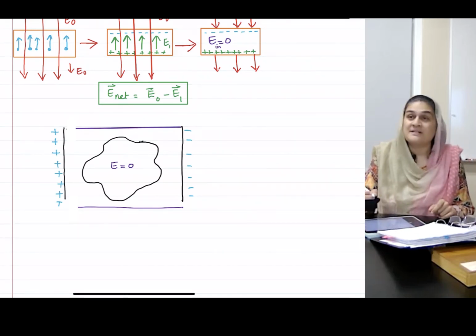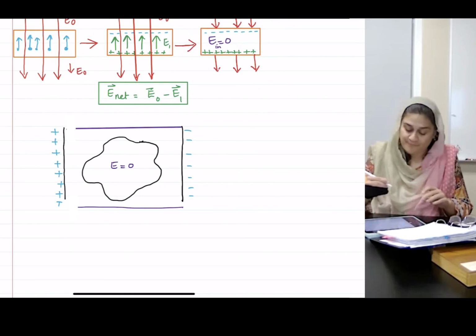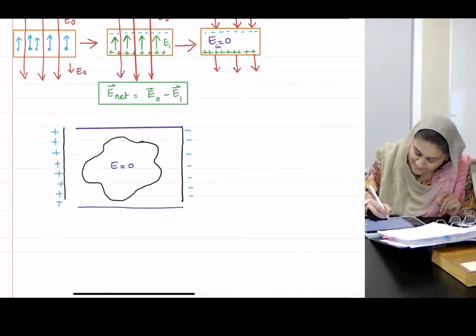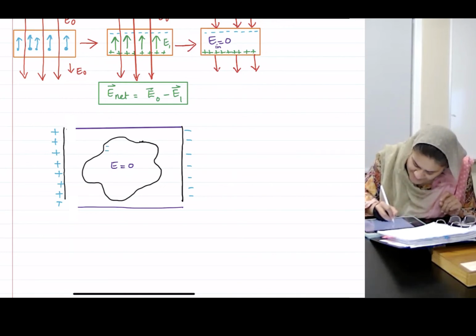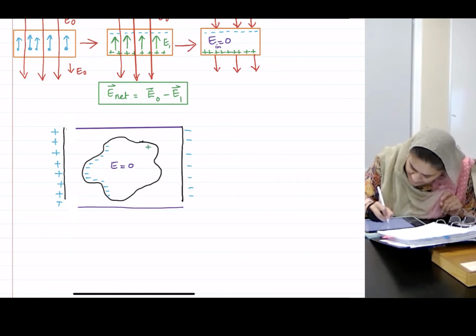But what happens when the conductor itself gets in the path? Something very interesting happens. This side of the conductor will become minus, and this side of the conductor will become plus.